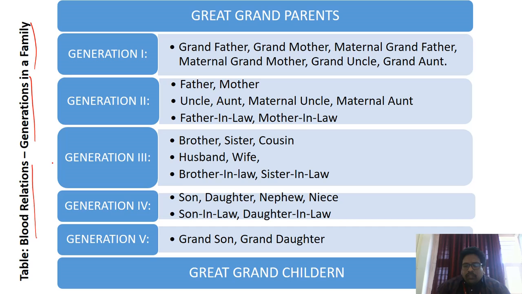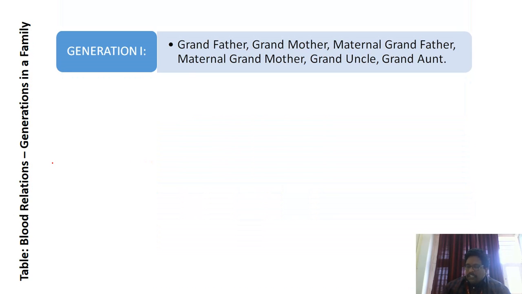Now let us go for the first thing. Generation one: the elder or topmost generation in the table is generation one, and all the elders. Our grandparents come under this generation. So who are our grandparents? Grandfather, grandmother. To be precise, we have grandparents from mother's side as well as father's side. Parents from mother's side are termed maternal and father's side is termed paternal.